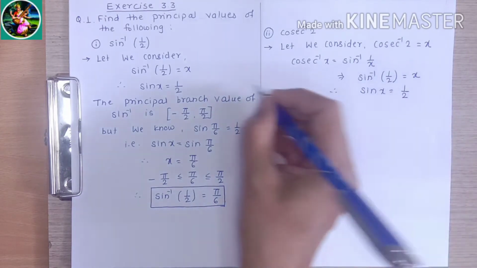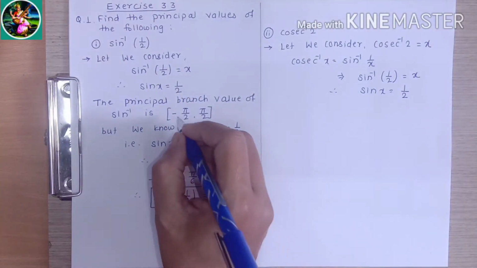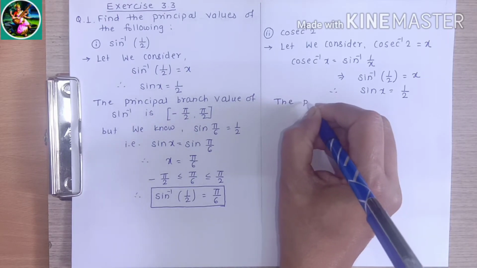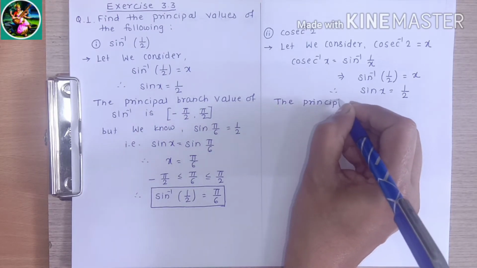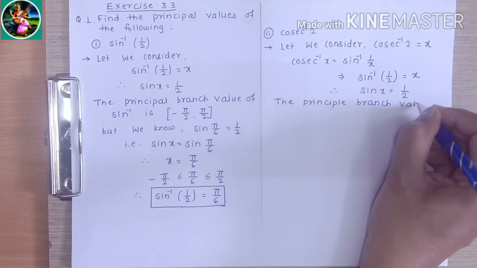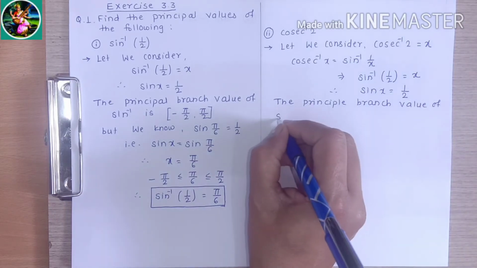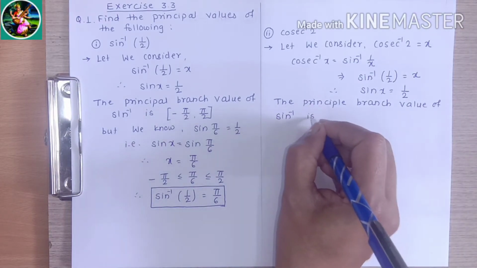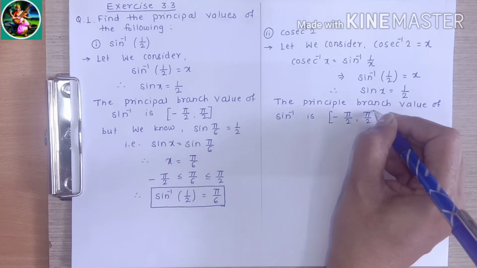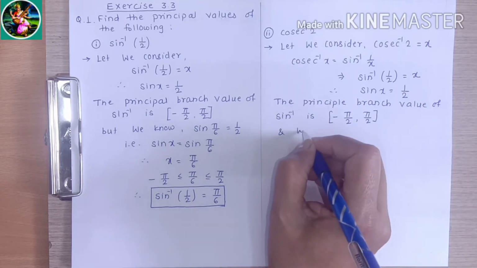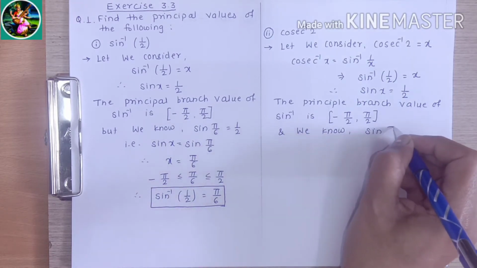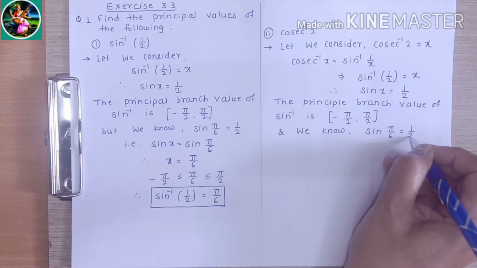Now, this example is similar to the first example. There we solved that the principal branch value of sine inverse is minus pi by 2 to pi by 2, and we know sin of pi by 6 is equal to 1 upon 2.